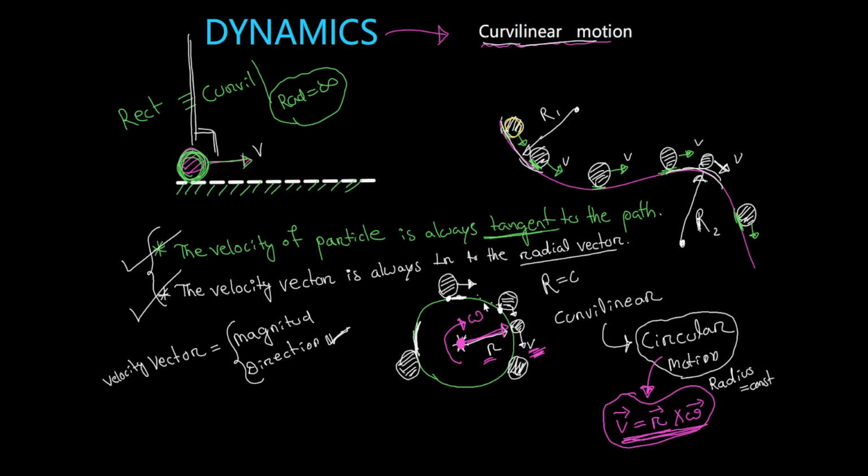Now we will discuss what the acceleration will be. We discussed how the magnitude will vary, because the direction keeps on changing point to point, and the magnitude will depend upon the situation. Now I'm going to acceleration. Acceleration is, as we have discussed, the rate of change of velocity with respect to time.